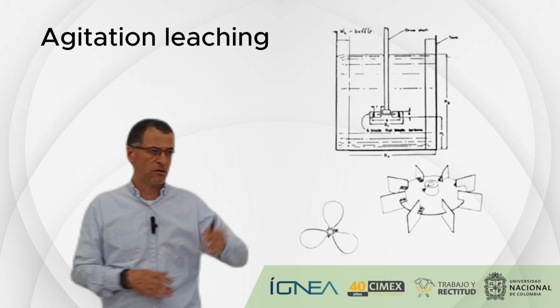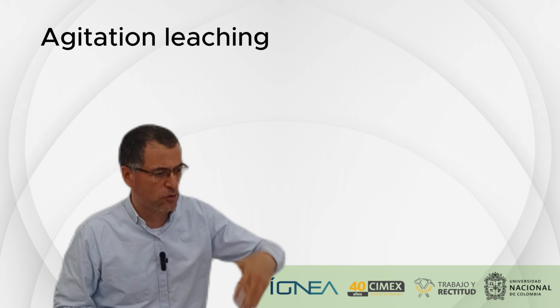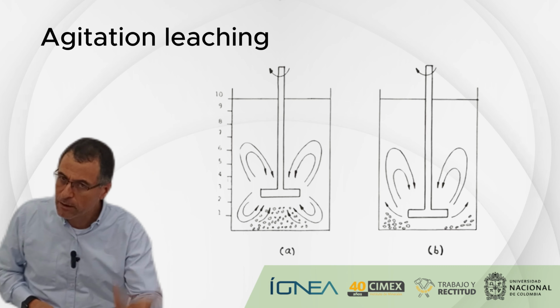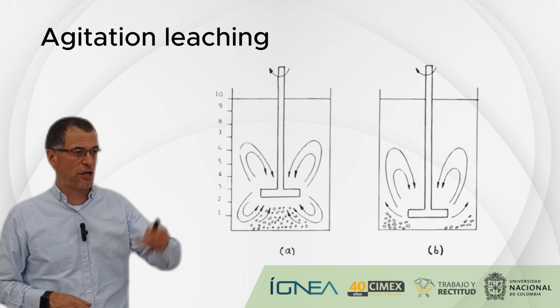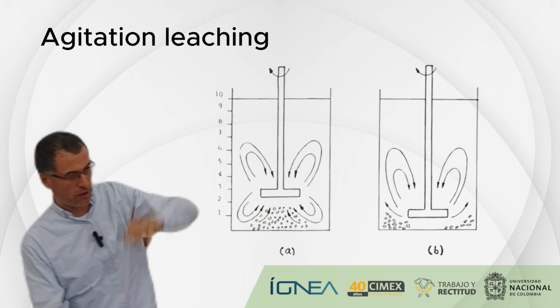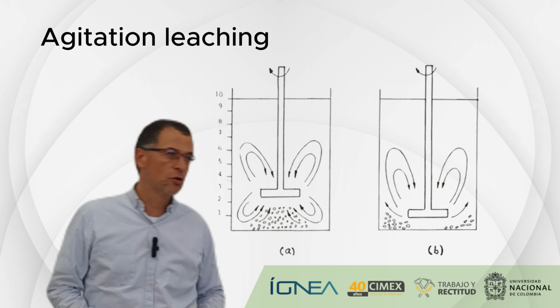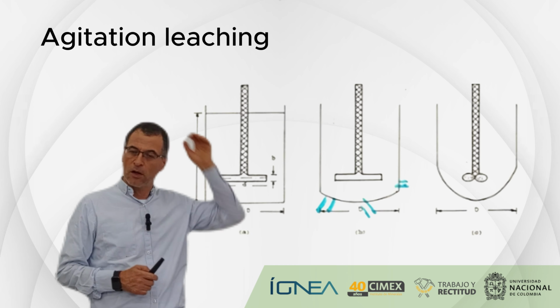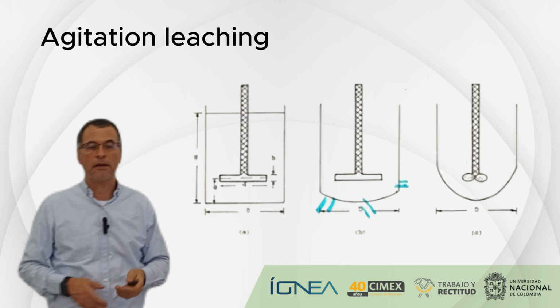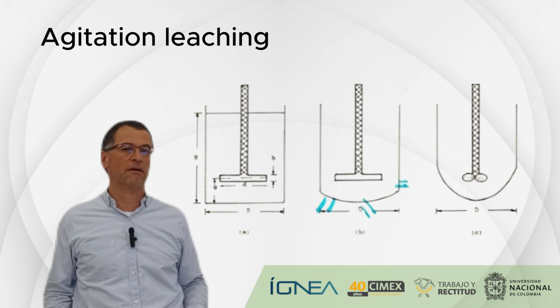In the agitator, you have the possibility to change the shape of the agitator, or its position, or to create different kinds of tank bottoms. It's possible to have different options.